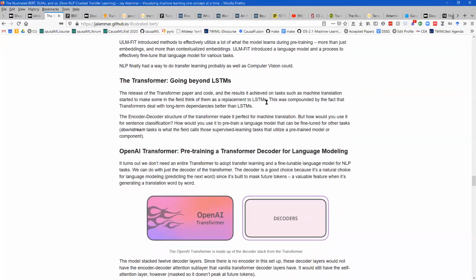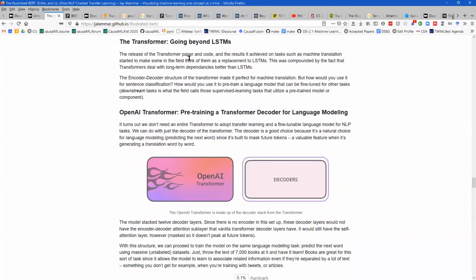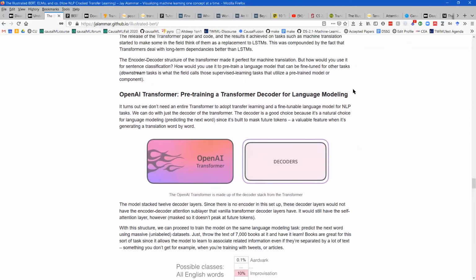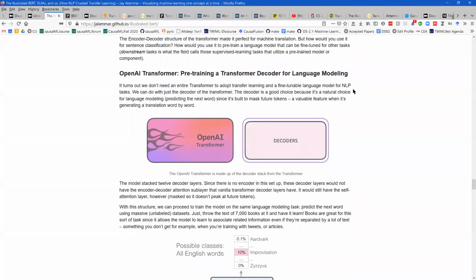So okay, now the transformer, going beyond LSTMs. The transformer was specifically trained for machine translation, and that's why it wasn't allowed to look forward. Then OpenAI came along.